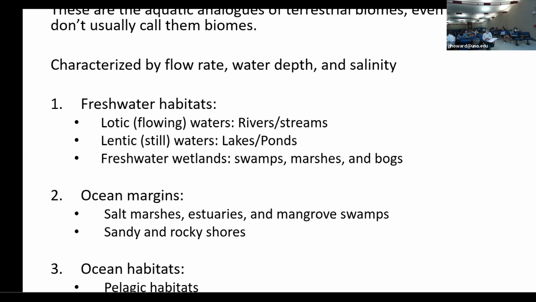And then among the ocean habitats, we have pelagic habitats, which are the open ocean areas. And then we have what we call neritic habitats, which are close to coastlines. This is a really important distinction, and it has a lot to do with the functioning of oceans as resources for humanity.